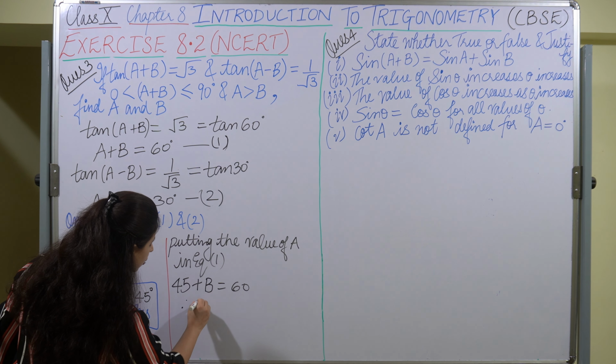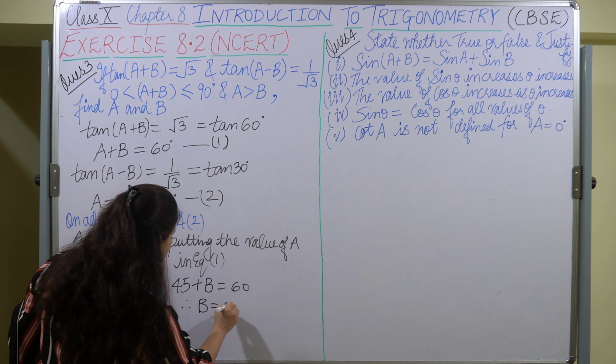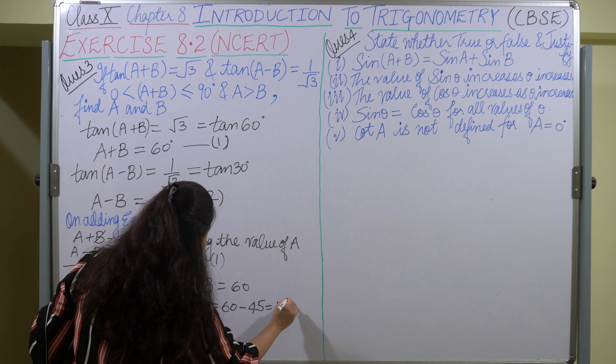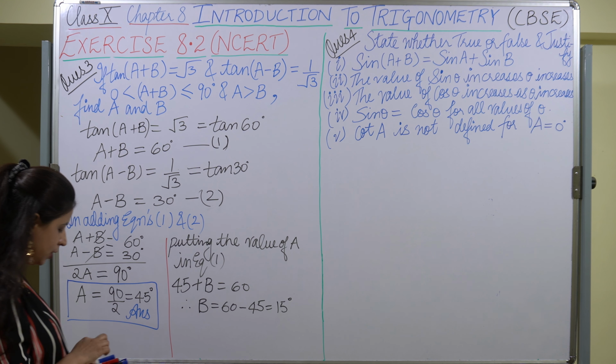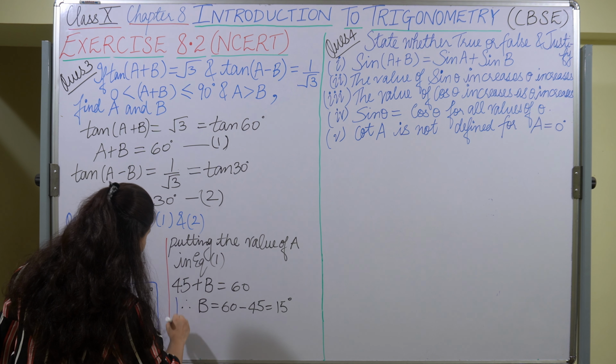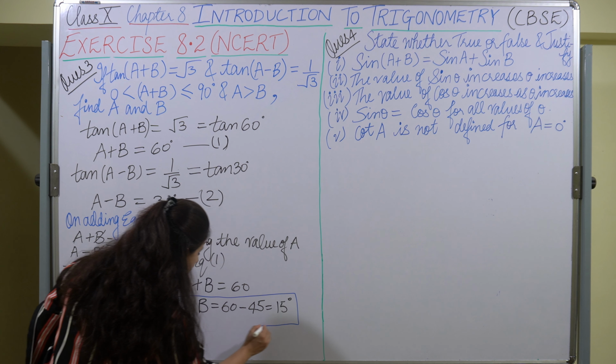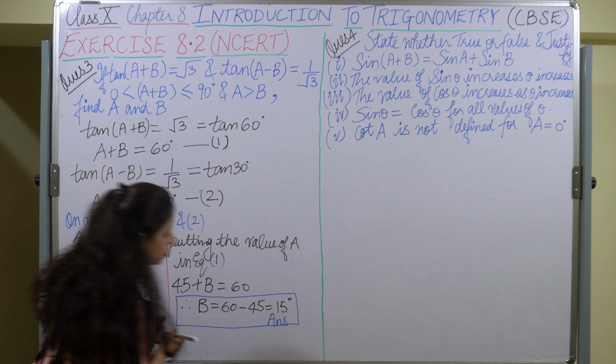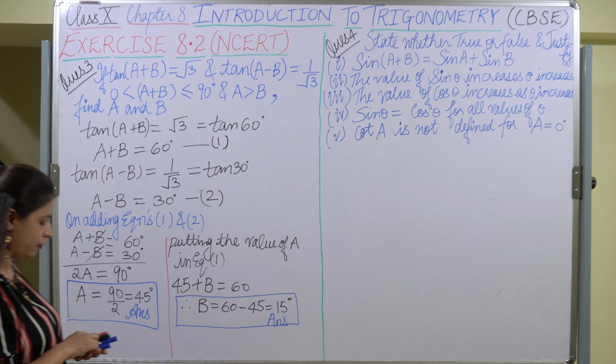Therefore B is equal to 60 minus 45, which is 15 degrees. So I got my values of A and B, which were asked in the question.